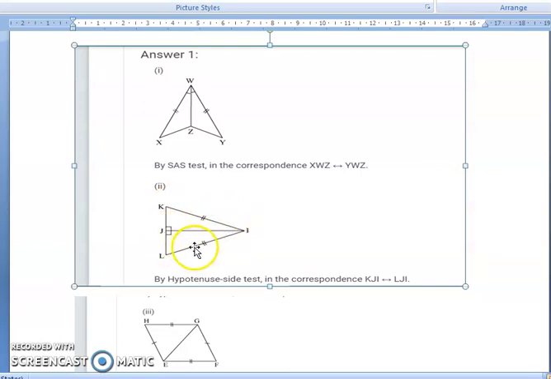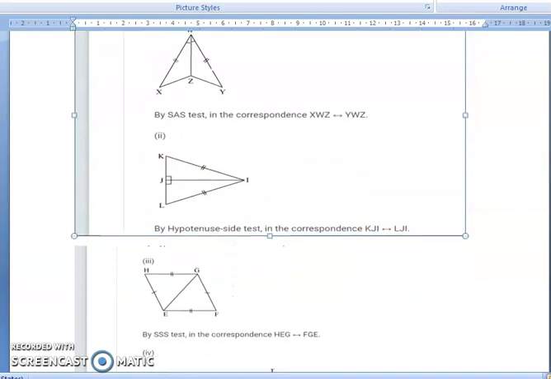So this is hypotenuse IL and this is hypotenuse IK. This hypotenuse is congruent to this hypotenuse, and one side is congruent. So these two triangles are congruent by the hypotenuse side test, and the correspondence is KJI corresponds to LJI. Now let us see the third example.